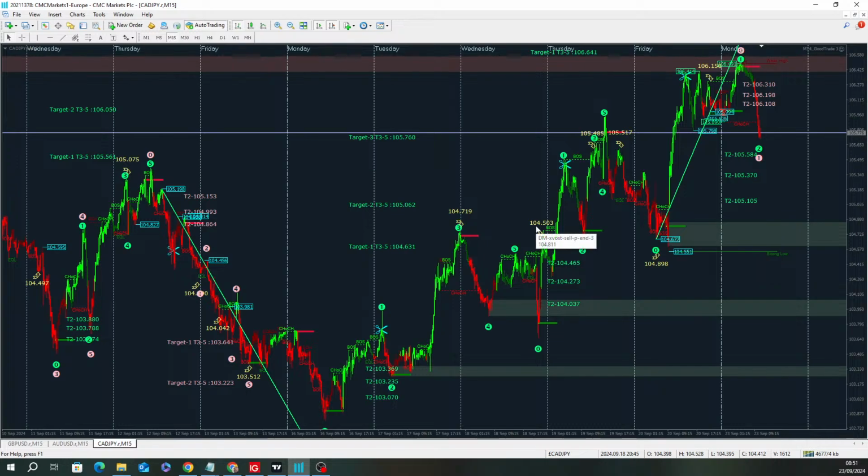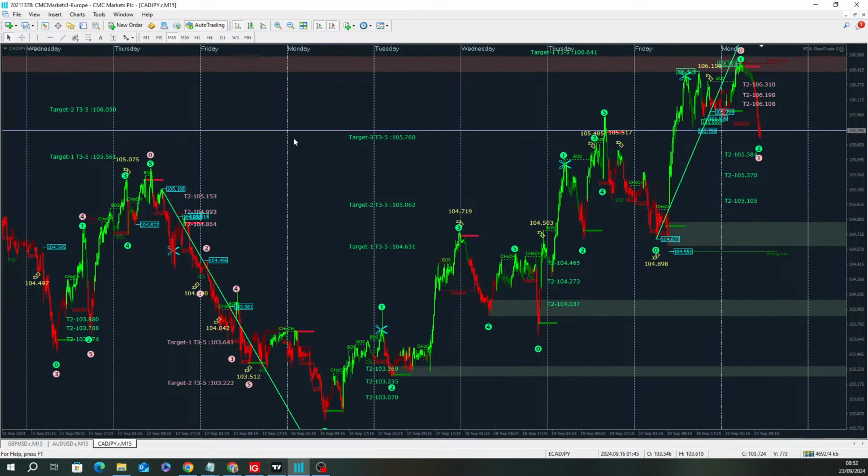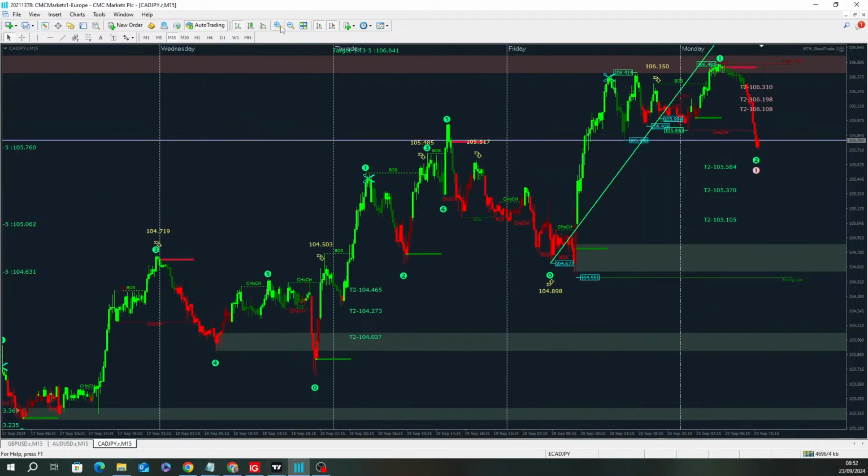That's the first completed wave structure, followed by a reset 1 2 3 4 5, and price has traded above the second wave structure. This is bullish. On the 15 minutes chart, the Cardian is stronger than the US dollar Japanese yen based on the price and the wave structure.